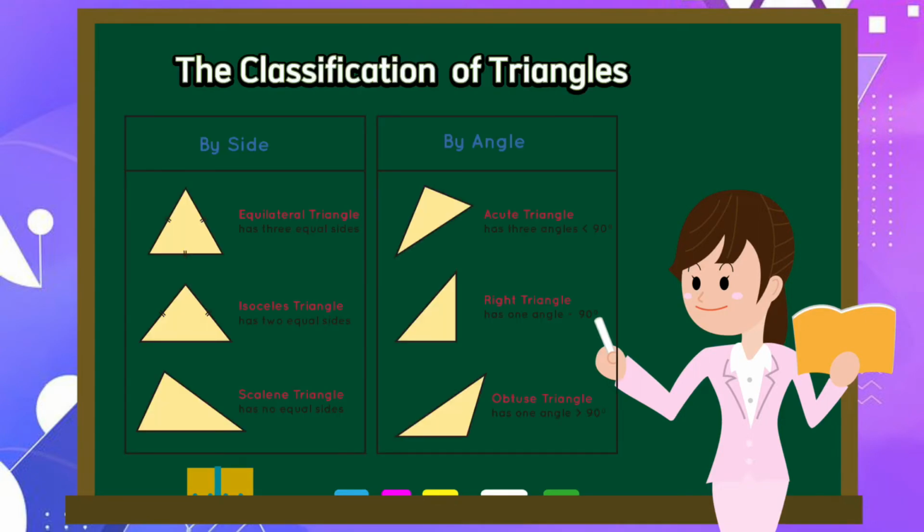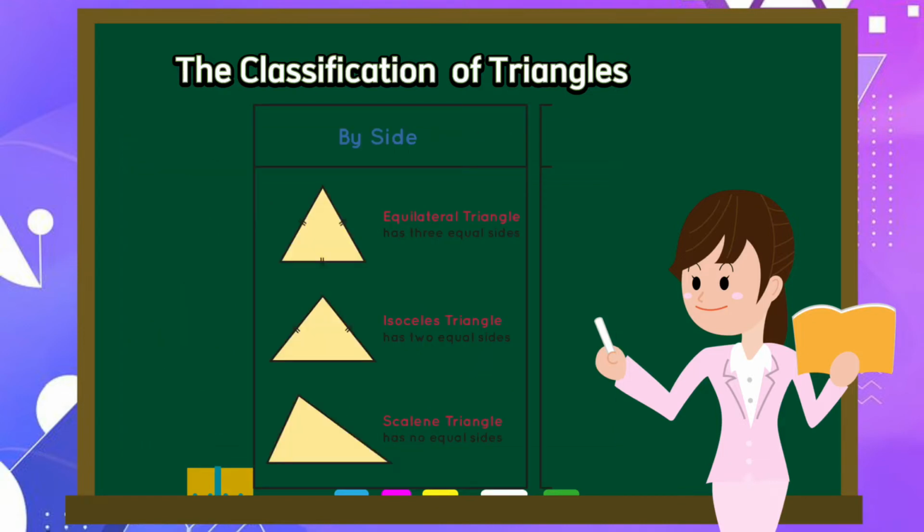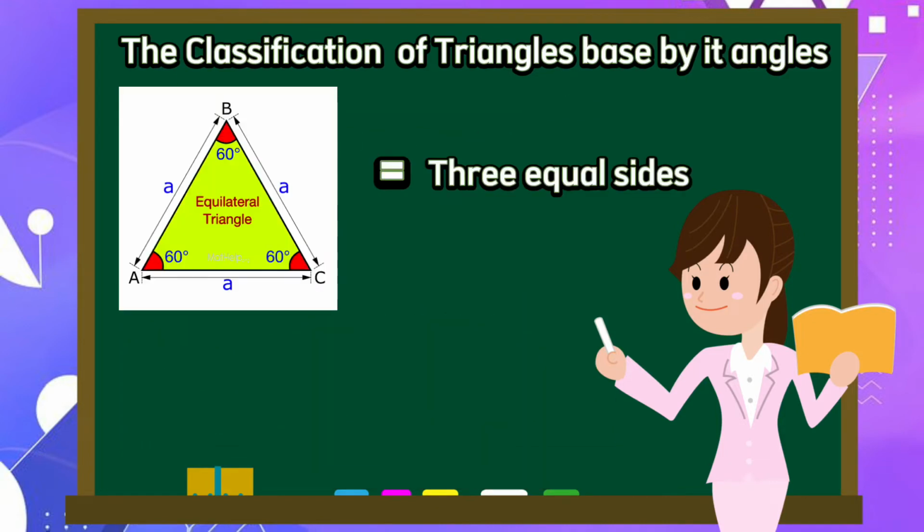So now let's talk about the classification of triangles based on their sides and based on their angles. As we all know, we have discussed it previously, as discussed by Mrs. Carla Malait, that a triangle has different types. First, the triangles based on their sides. We have the equilateral triangle.